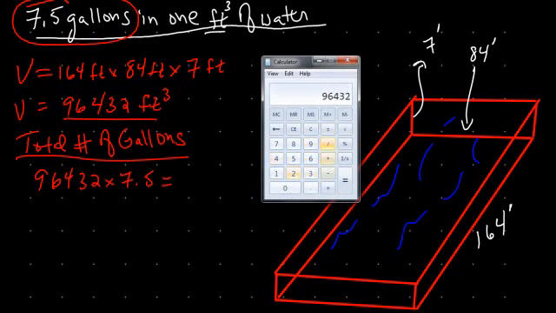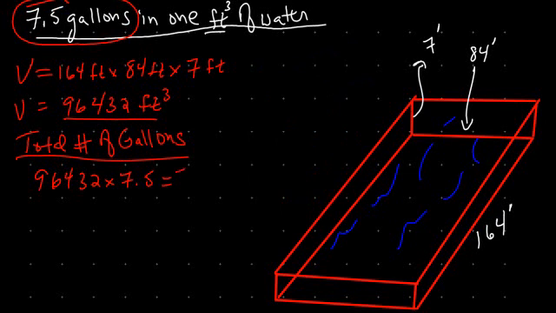96,432 times 7.5. What is that? 723,240. Alright, that is the total number of gallons.